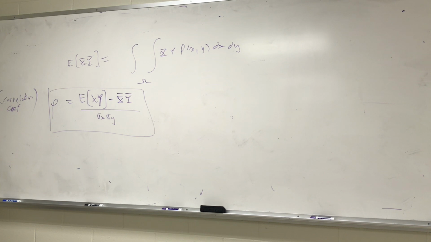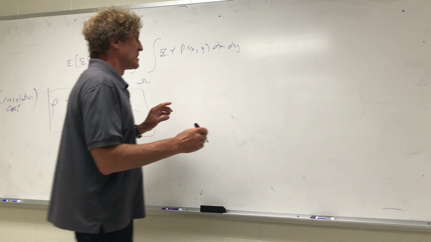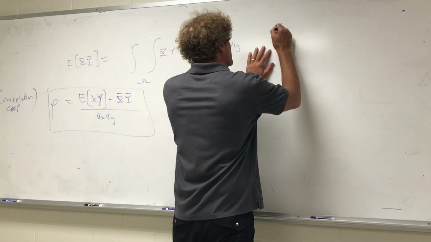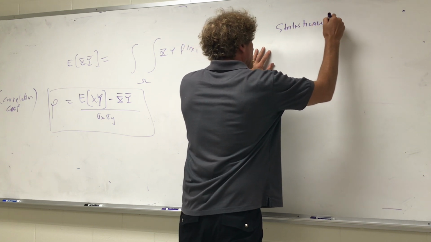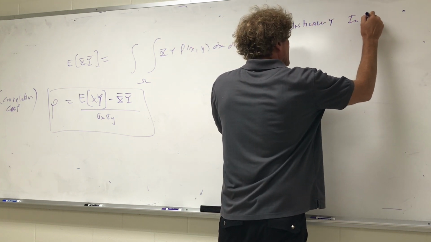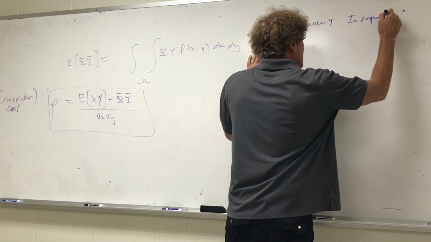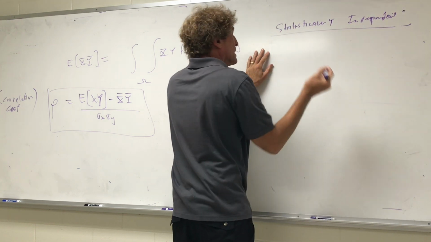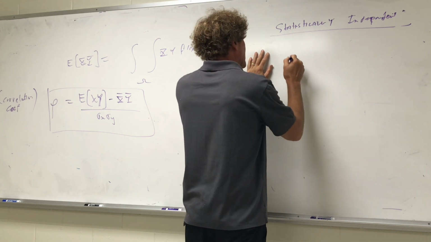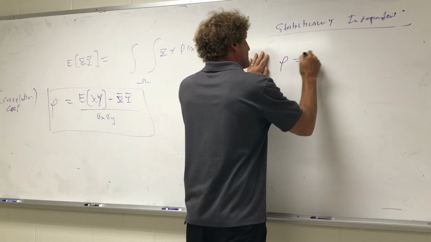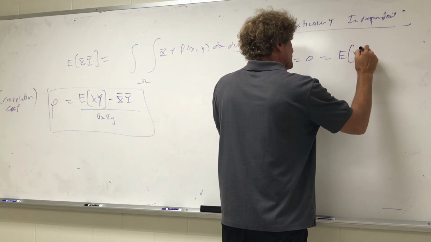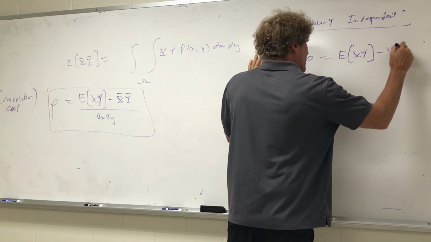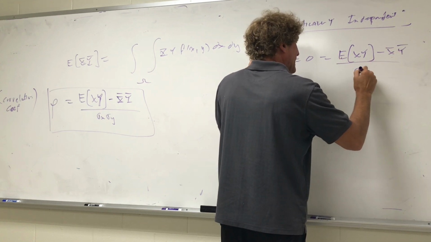Now, by the same token, listen to me. Let's assume this is general. If they are statistically independent, then rho equals 0, which is equal to the expected value of the product of xy minus x bar y bar over sigma x, sigma y.